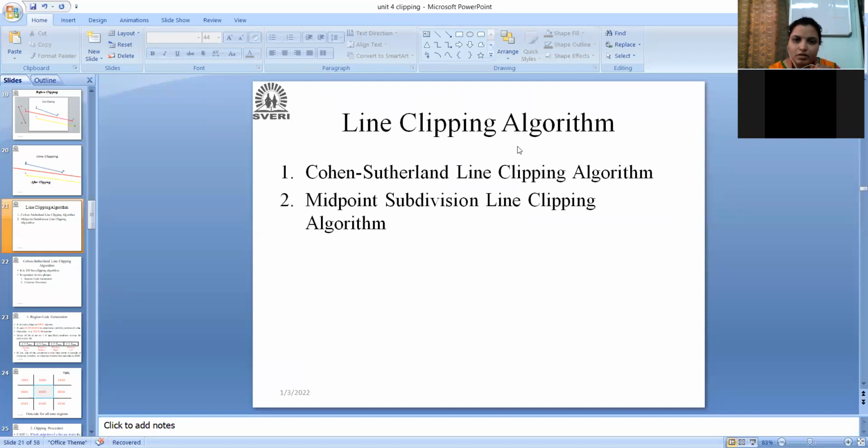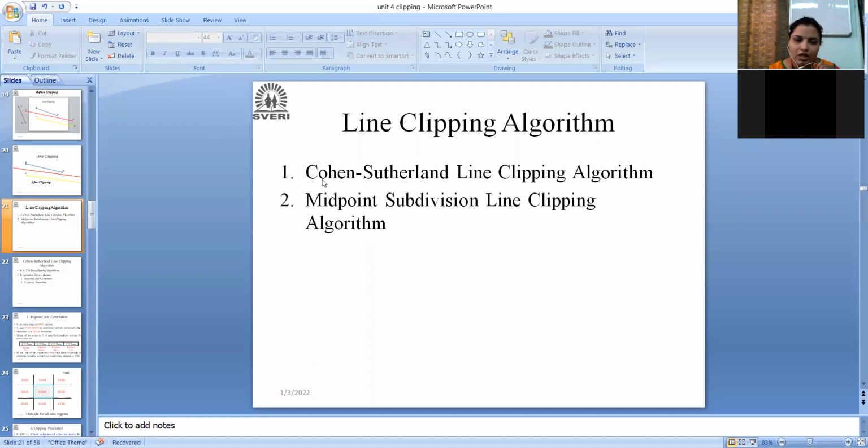Okay. So the first type of line clipping is the Cohen-Sutherland line clipping algorithm. In that, depending upon the slope, we calculate the part of the line which is invisible. The whole line has the same value of the slope, and by using that formula we calculate the part which is invisible and clip that portion. So only the visible portion with respect to the window will remain inside.